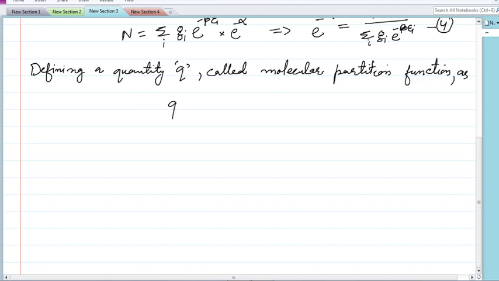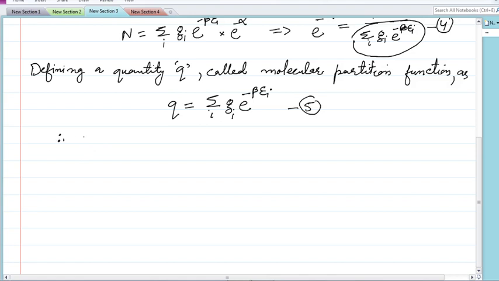Now we define q as equal to summation of I gi e raised power minus beta ei. That means this division part of equation number 4, we will take it equal to q, simply the molecular partition function. Now this is suppose equation number 5.